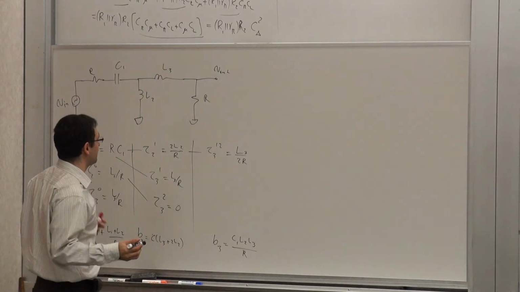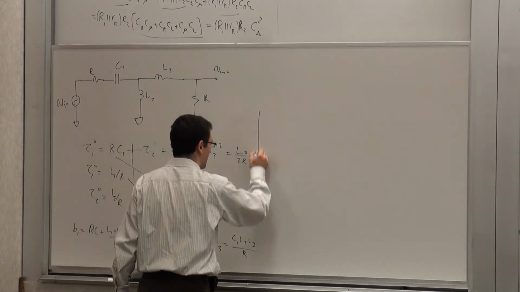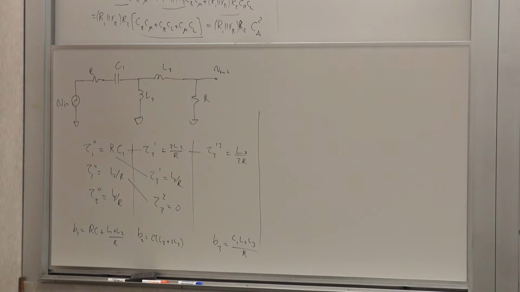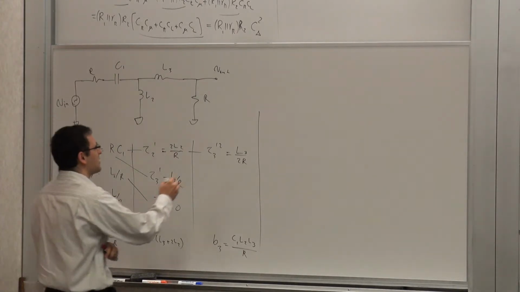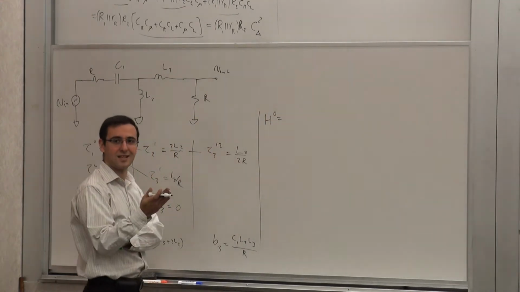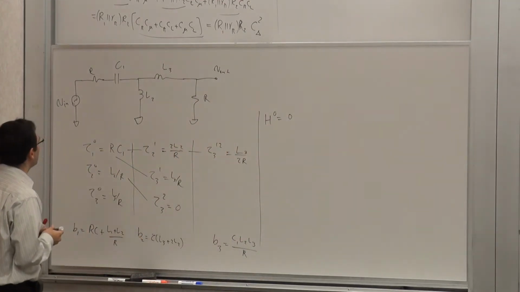And how about the numerator? Well, for numerators I need some other things. What do I need? The transfer constants. Okay, let's see what they are. So H0 is, we already have said that, right? 0. So how can I get a non-zero H?